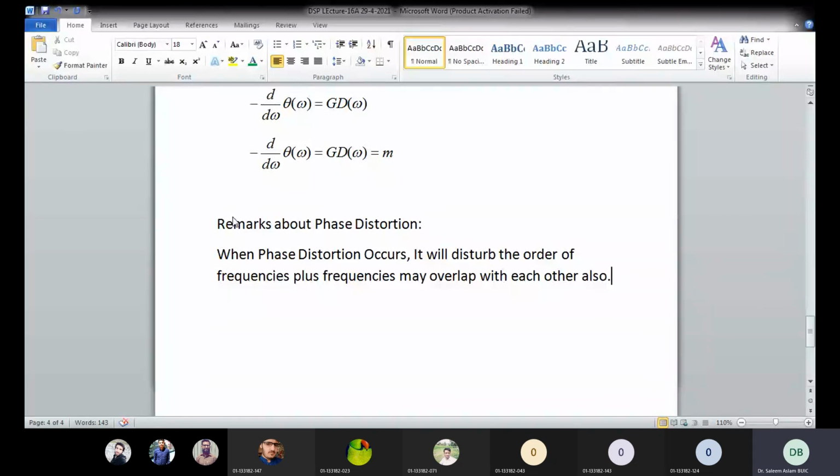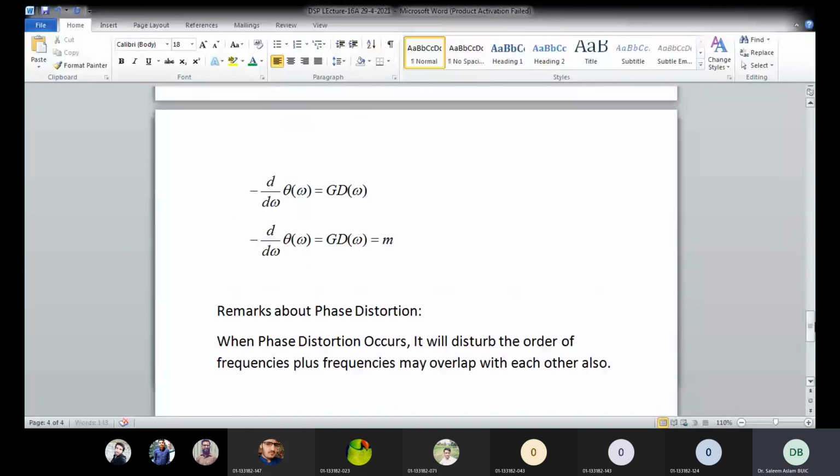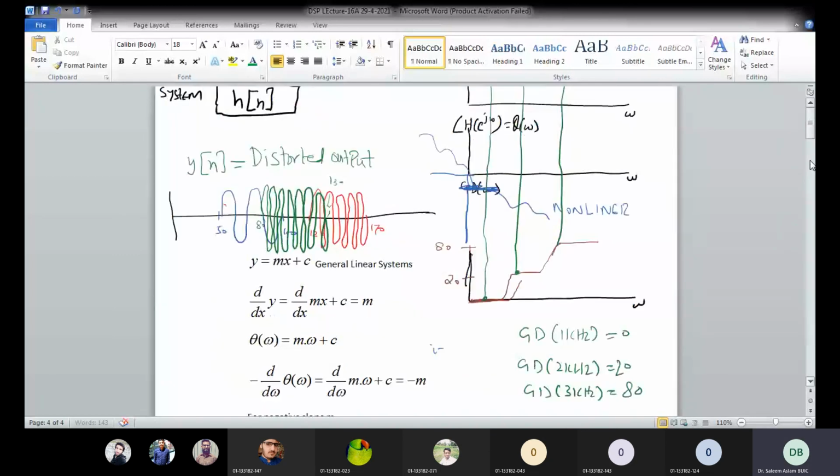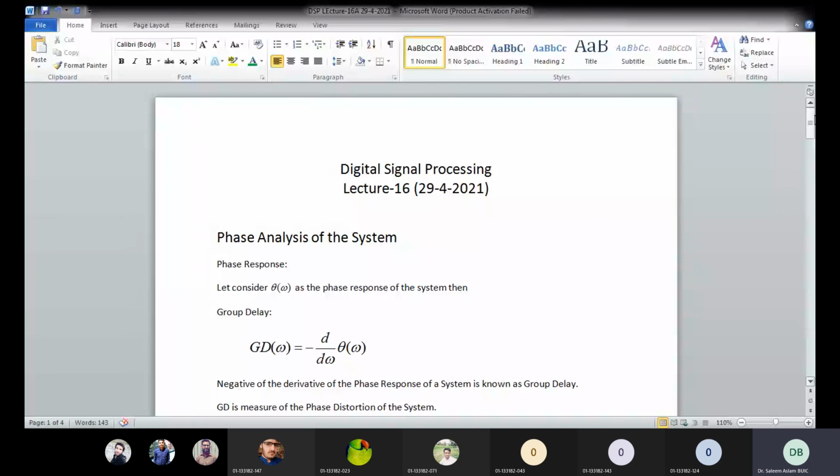Group delay is a very important concept, and phase distortion is again a very important concept. Whenever you go for a job interview, especially at a company working on signal processing, they will definitely ask you this question: what is group delay and how do you define it. So you should be vigilant to define that group delay is a measure of the phase distortion of a system, and it is the negative of the derivative of the phase response of a system.